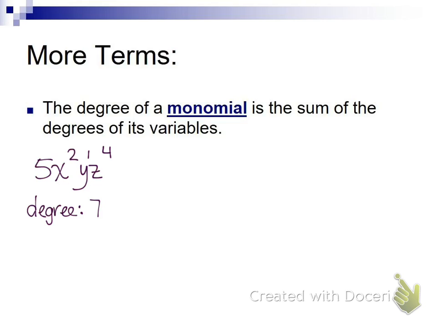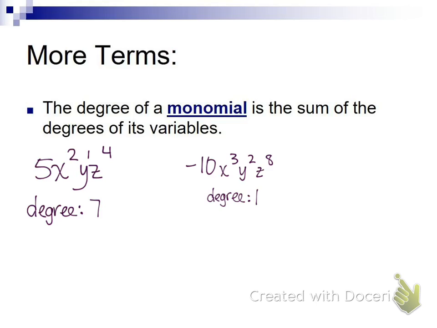Okay, on that next one, we have negative 10 x cubed y squared z to the 8th. So what would the degree of this one be? 13. So we just add up the exponents.